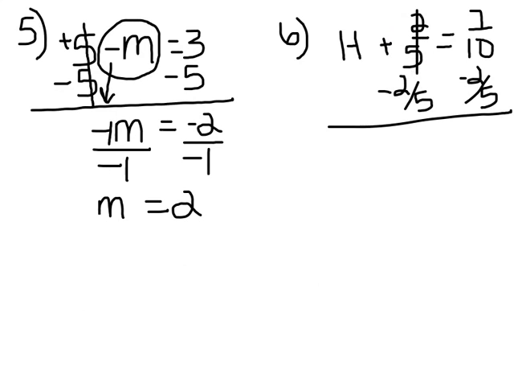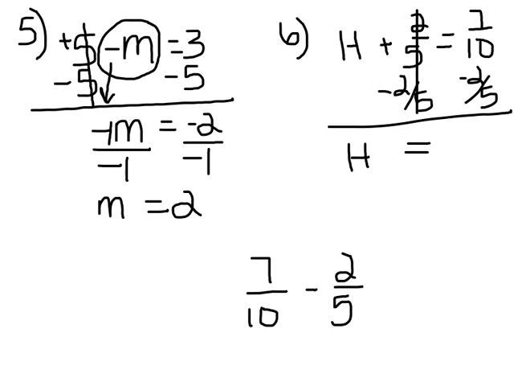A positive 2/5 and a negative 2/5 will cross off, and on the left side we'll have h. On the right side we have 7/10 minus 2/5.